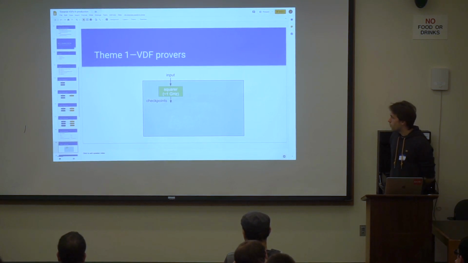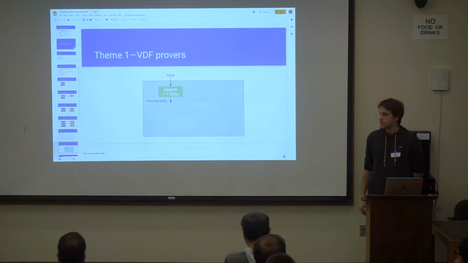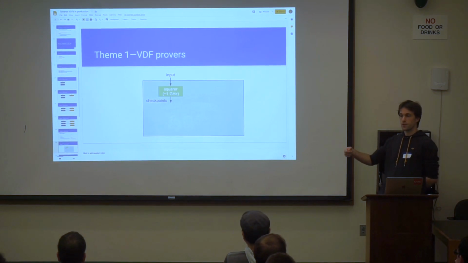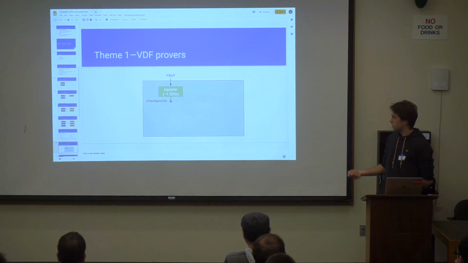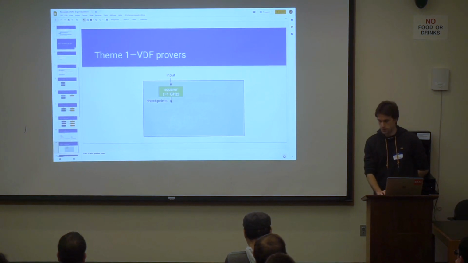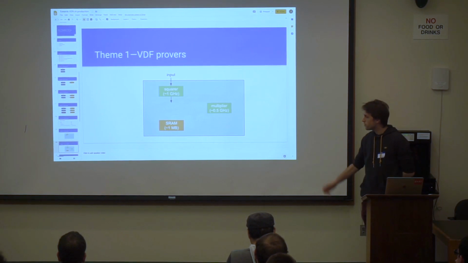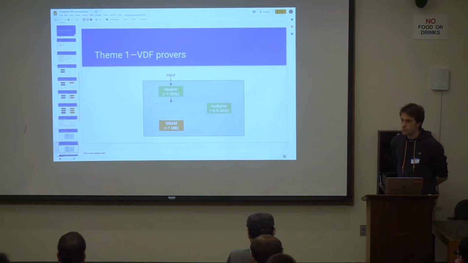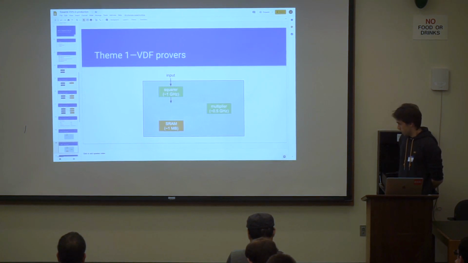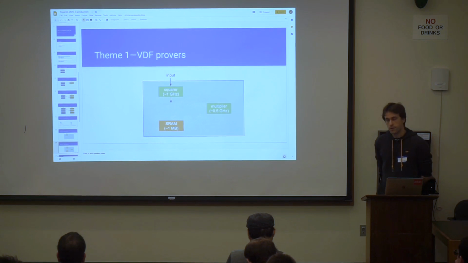And the way that the provers are built is that they collect checkpoints along the way. And these checkpoints, you have the option to store them in memory. So we have this memory, a relatively small amount of memory, maybe 1 megabyte or a few megabytes. And with these checkpoints, you want to build the proof.